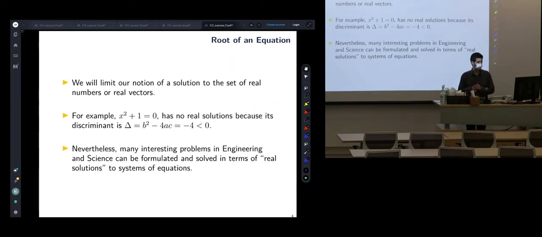So first, let's talk about the root of an equation. You're probably familiar with a quadratic equation, and you learned that you can calculate the discriminant delta, and when it's negative, there are no real roots. You might have known that there are complex roots.